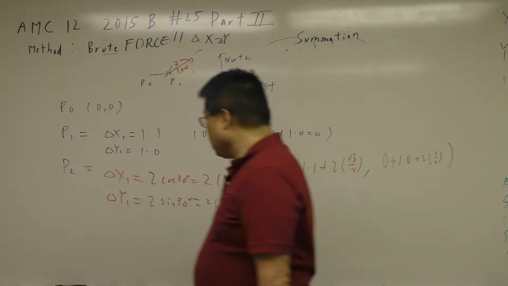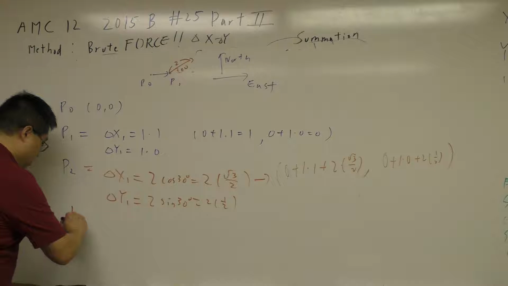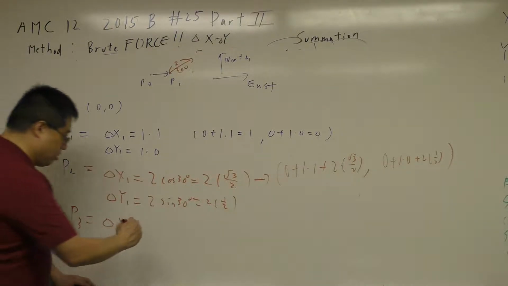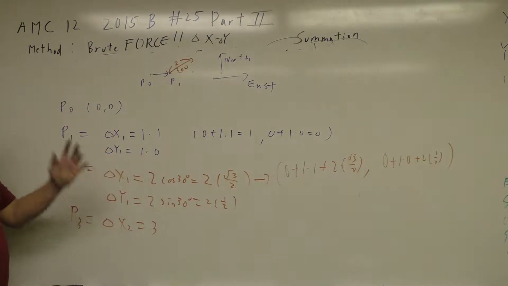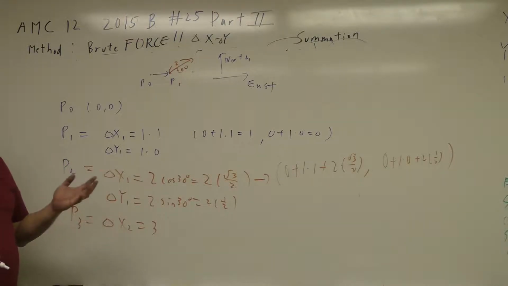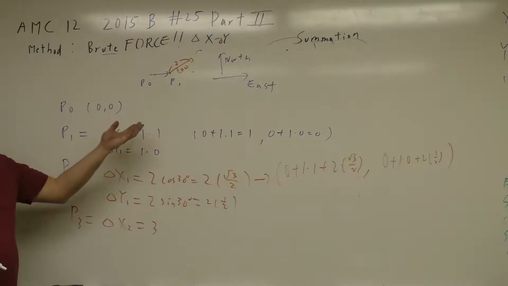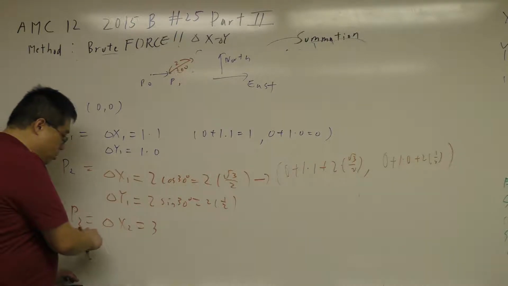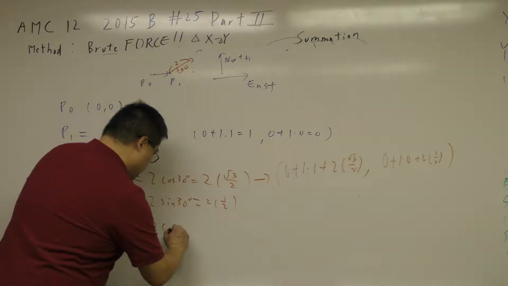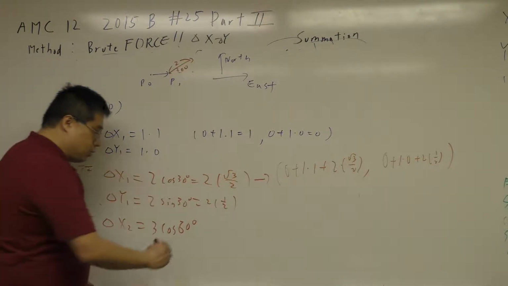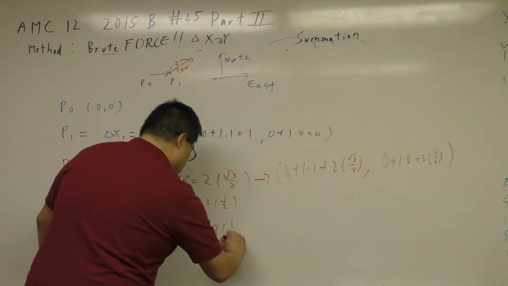And then let's continue on. For our point P3, our change in x is now 3 times cosine. Since it's the change in x, the cosine of a generalized angle on a generalized coordinate is always defined as the x coordinate divided by the distance from the origin. So you're always going to have a cosine for the change in the x direction, and it's now cosine 60 degrees. And cosine 60 degrees is 1/2.